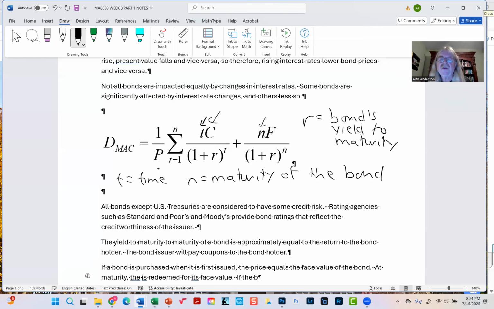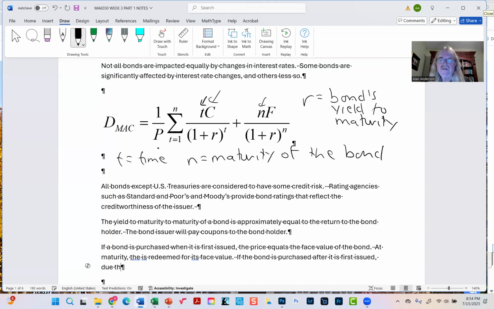If the bond is purchased after it is first issued, due to fluctuations in the market, by interest rates, I mean, let me add that in here.